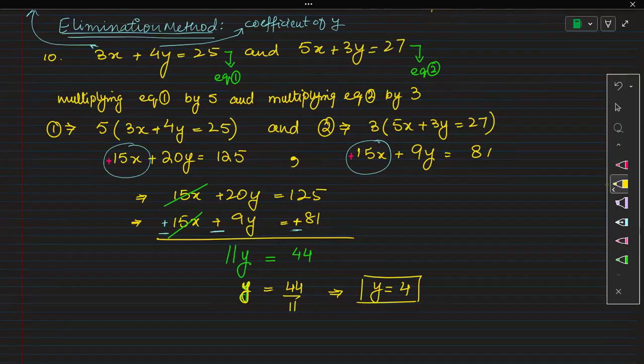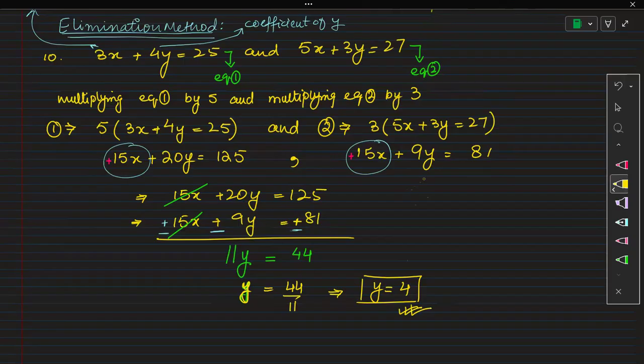This is how we have found the value of one variable, and we are going to work out the value of the other variable. Now, we can substitute the value we have just found in either of the given equations. Either you can substitute in equation 1 or in equation 2.